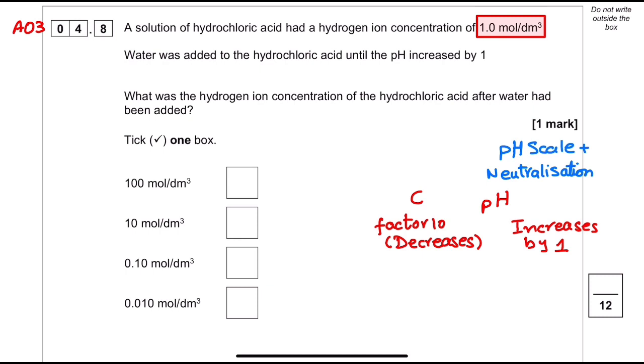If you assume that for the concentration of 1 mole per dm cube the pH value is 2, when we divide the concentration by 10, the pH will become 3. So it is 0.1 mole per dm cube solution. The pH will increase by 1. So the correct answer is 0.1 mole per dm cube.